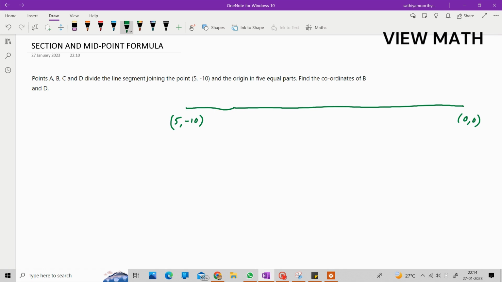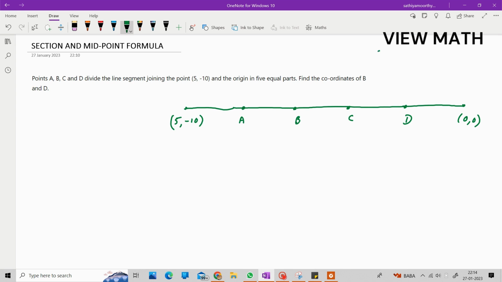The points are A, B, C, D they have given. So let me divide this line segment into 5 equal parts: A, B, C, D. You can see this is 1, 2, 3, 4, 5 equal parts. 5 equal parts means, for example, if from here to here it is 5 centimeters, then from A to B is also 5 centimeters, B to C is also 5 centimeters, C to D is 5 centimeters and D to the end point is also 5 centimeters.